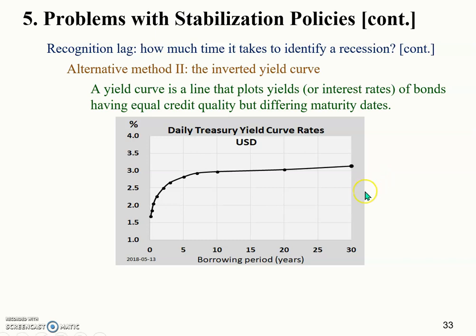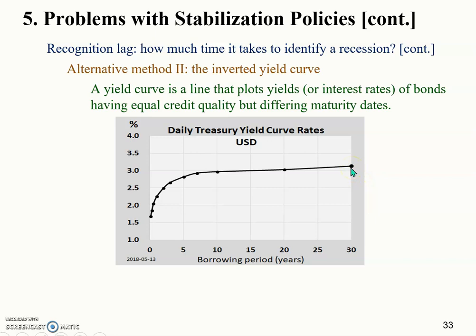But interestingly, we find that in our economic history, sometimes the curve would be inverted. In other words, what we observe on the bond market is the short-term bonds would offer a higher interest rate than the long-term bonds. For example, just hypothetically, if you purchase a 1-year treasury bond, it offers a 3.5% interest rate.